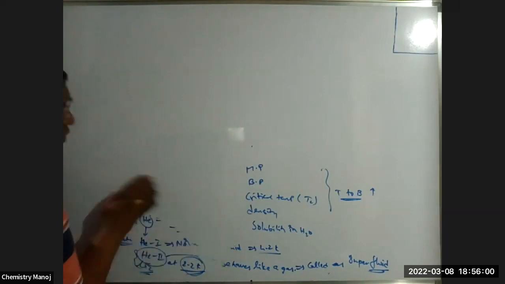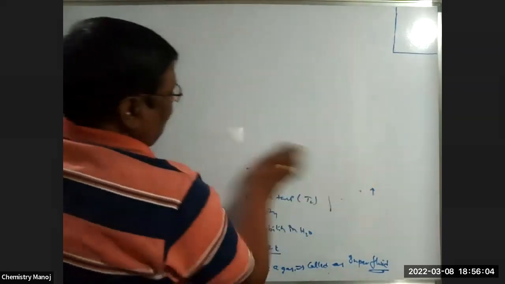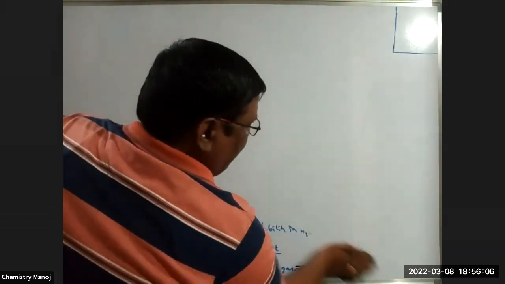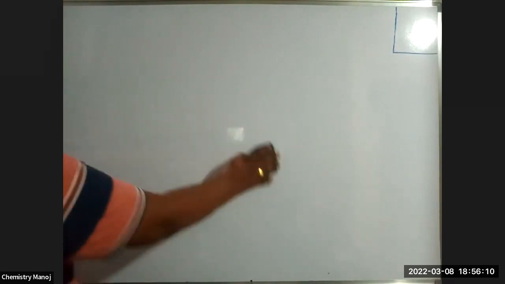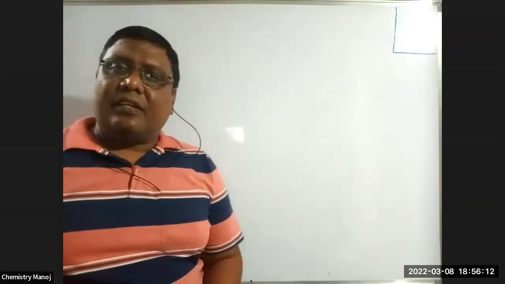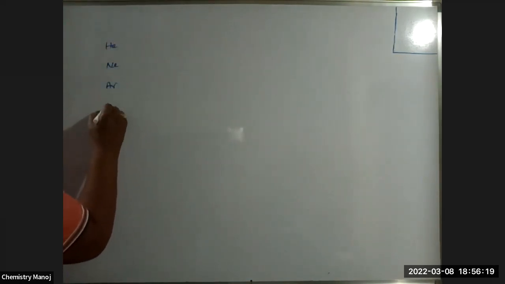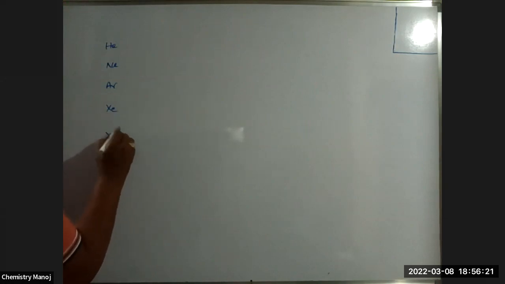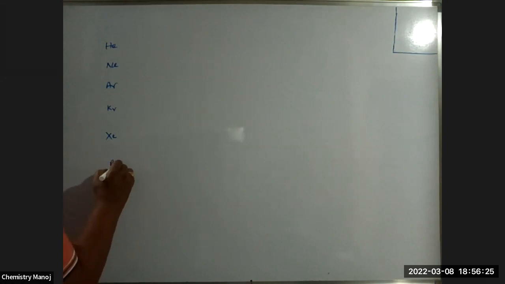So noble gases have higher positive electron gain enthalpies. Now, their discovery and behavior. See here. What are those elements? Helium, neon, argon, krypton, xenon, radon.